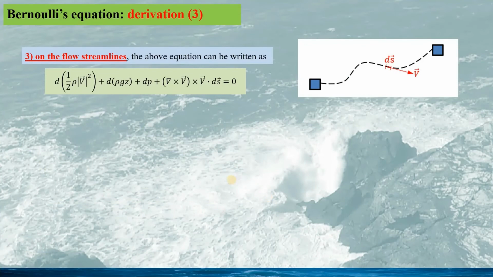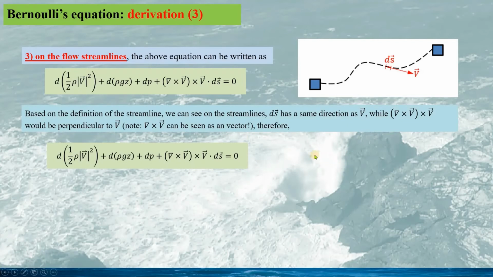Now we consider a special case on a fluid streamline. So the equation would be given by this differential form. Based on the definition of the streamline, on the streamlines the vector ds has the same direction as v.